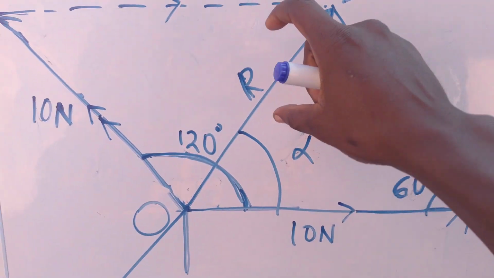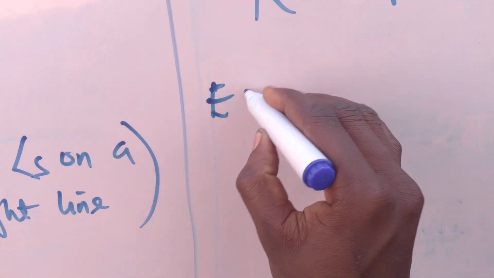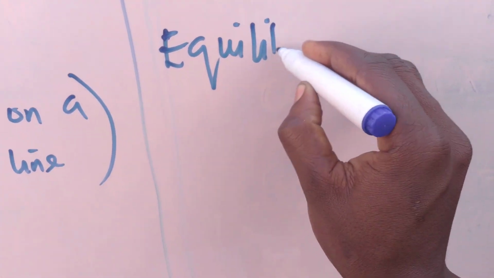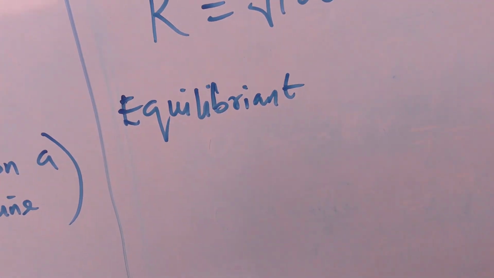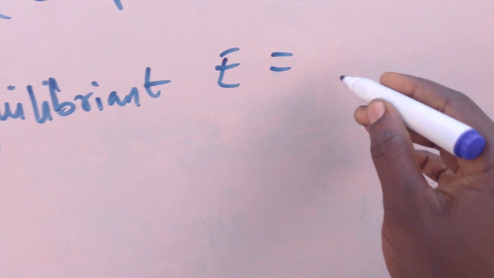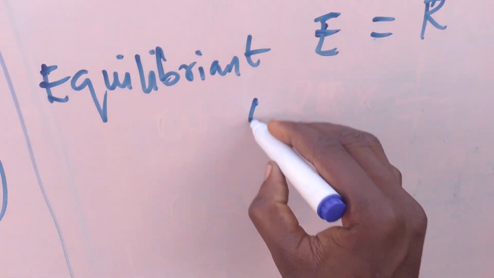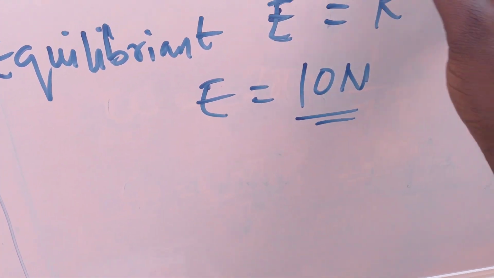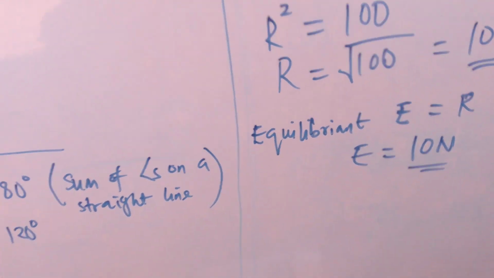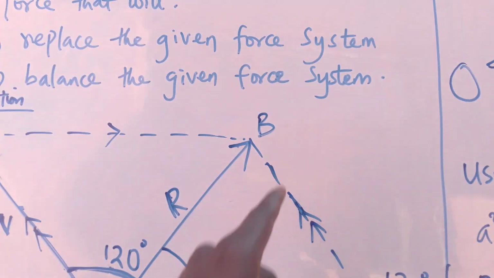So E is equal to R, it counterbalances the resultant, which means that E is equal to 10 Newton.